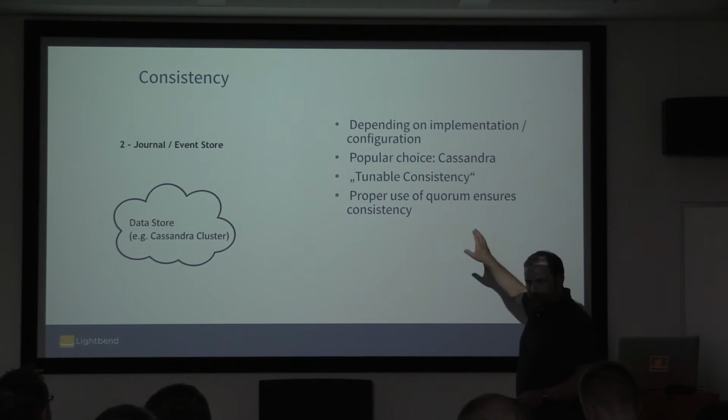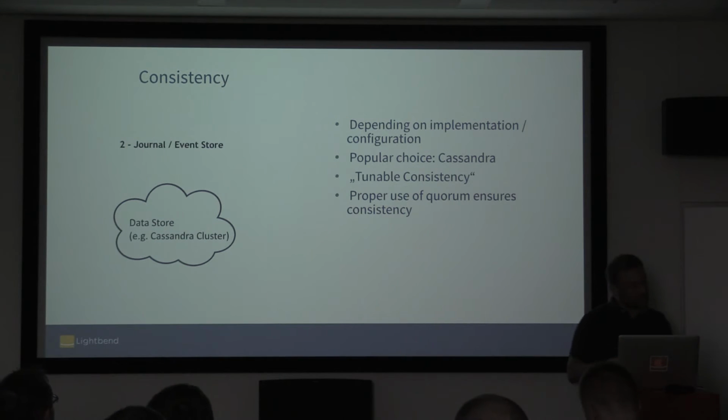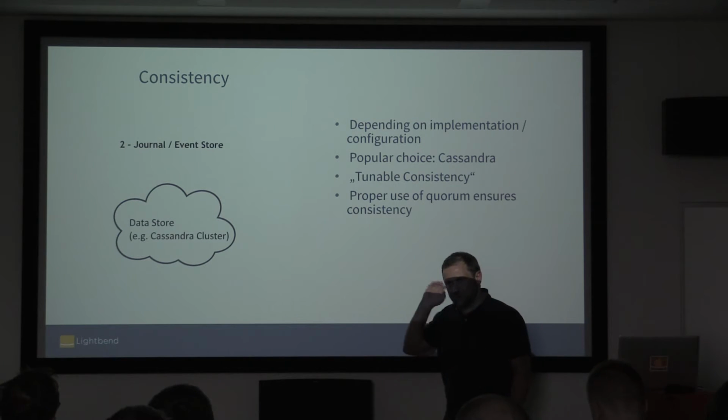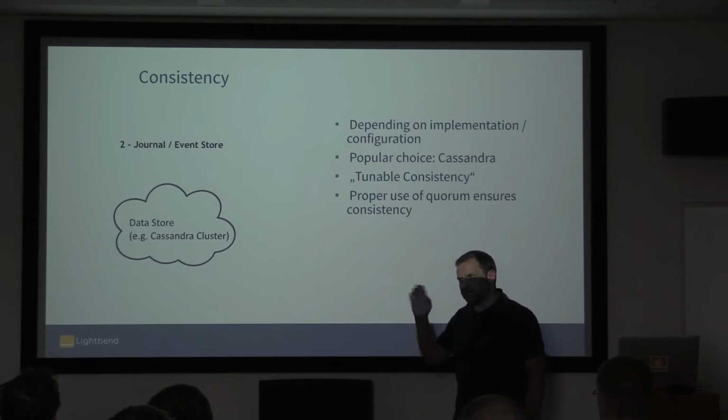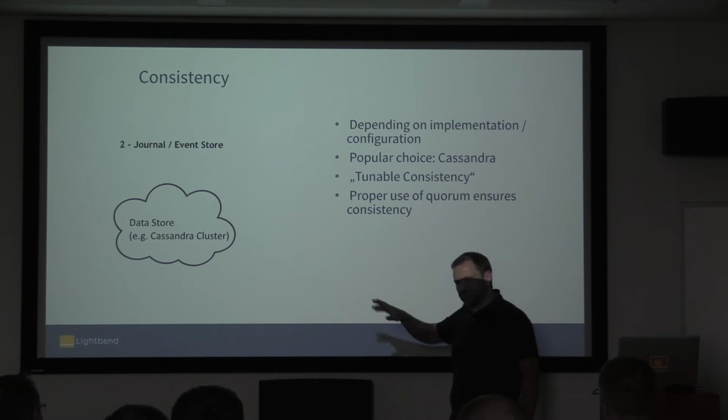The people behind Cassandra, DataStax, they call it tunable consistency, because you can tune the consistency in Cassandra. You can say, I don't care about this, if the write succeeded for one node, it's fine with me, I don't care if it has been replicated to the other nodes.